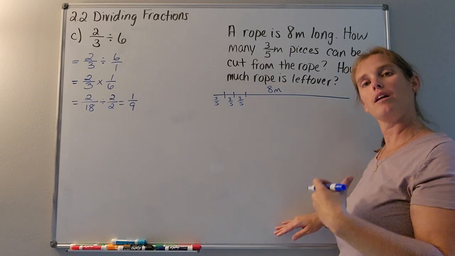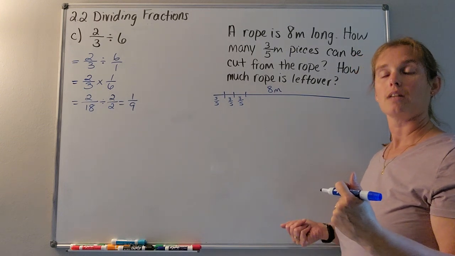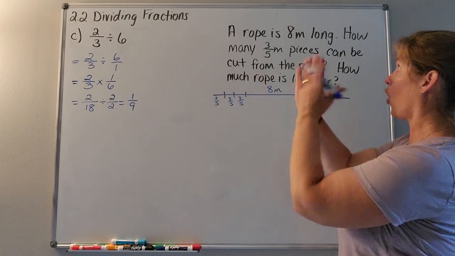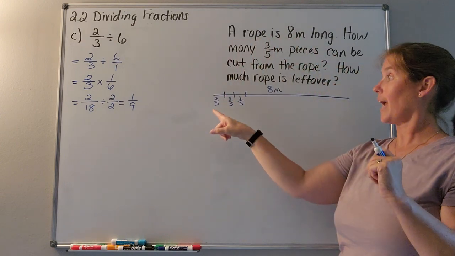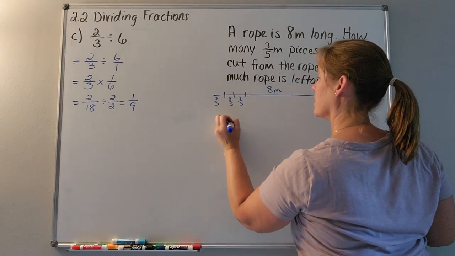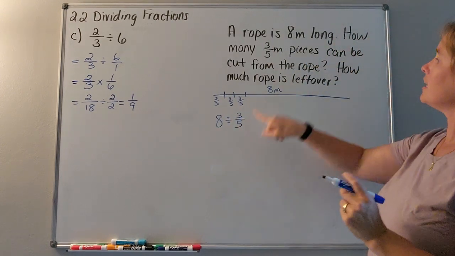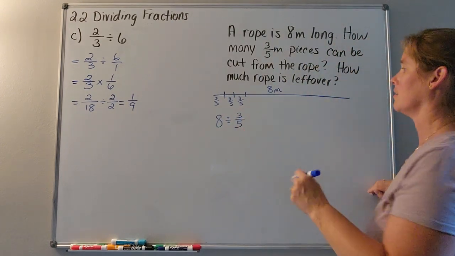So is this 8 divided by 3/5 or 3/5 divided by 8? That's right, it's 8 divided by 3/5, because our whole is 8, and we're saying how many little 3/5 pieces are there in the 8?